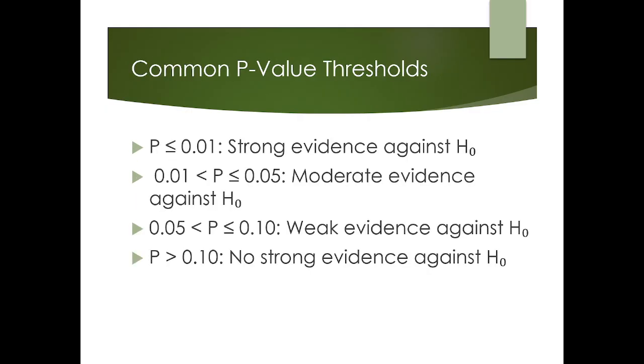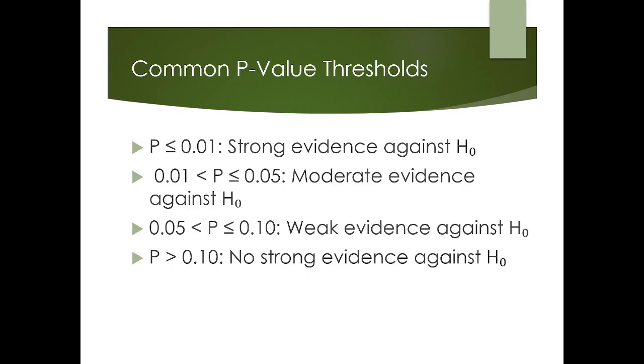Now, what are the common p-value thresholds? When the p-value is lesser than or equal to 0.01, there is strong evidence against our null hypothesis, or H0. But if the p-value is between 0.01 and 0.05, there is moderate evidence against H0.